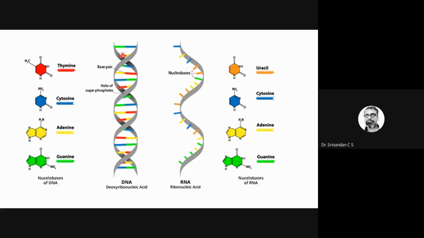As I told, double-stranded DNA will form the helical structure, and RNA will always be a single strand. Because it may become very long, it may form some secondary structures, but deterministically, the helical structure will be found in DNA.